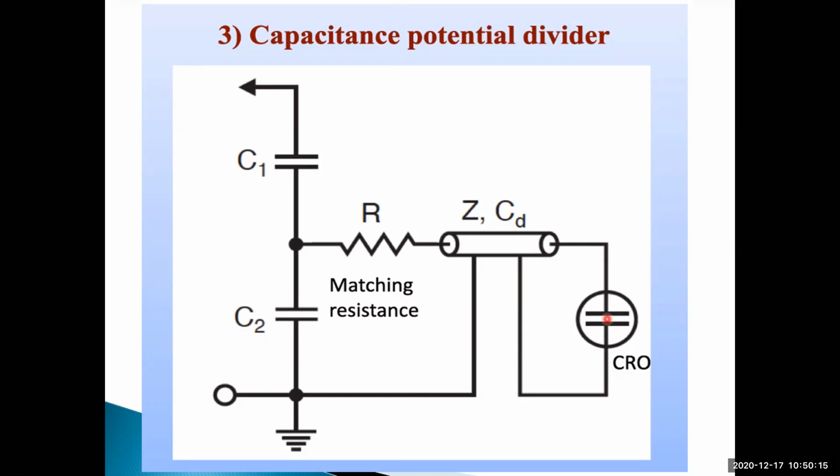According to the power system concept, a long transmission line can be open circuited or short circuited, or terminated with some impedance. So these are the different types of conditions.